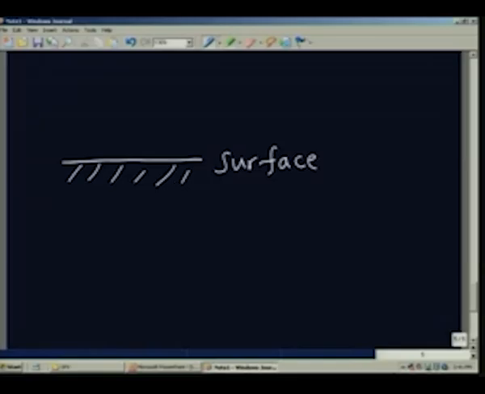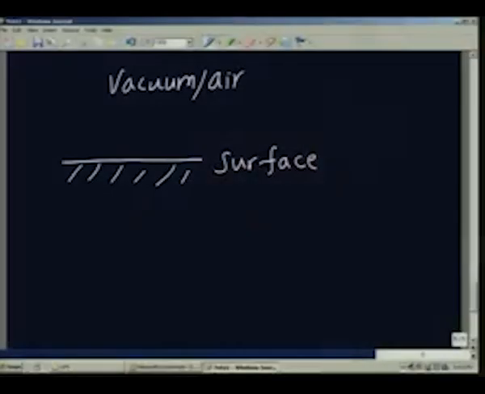On one side I can consider vacuum, or I can consider air or atmosphere, since for many purposes air is transparent. It does not matter which it is. We have an engineering surface separating vacuum or air on one side from a solid on the other. So, we will say this is a solid material.